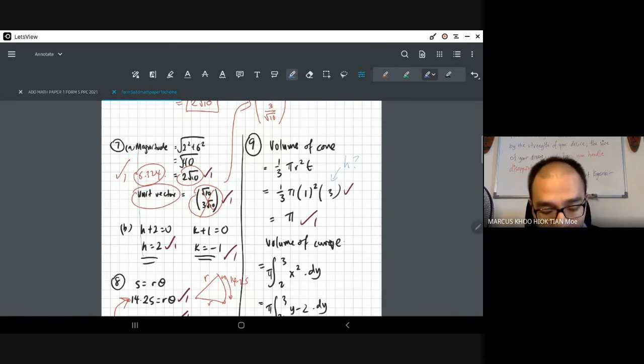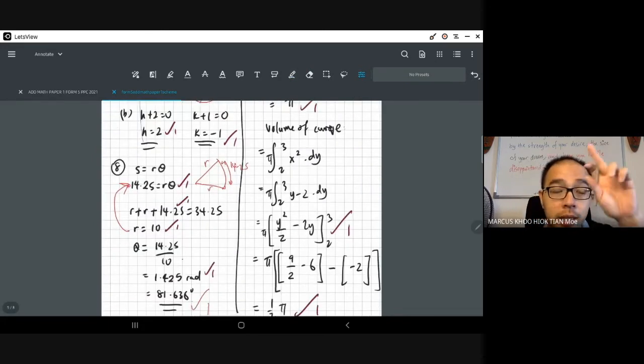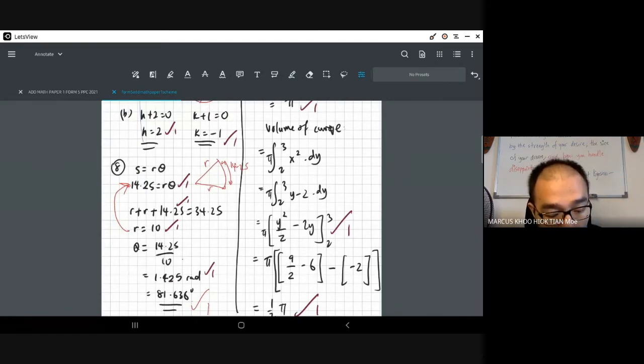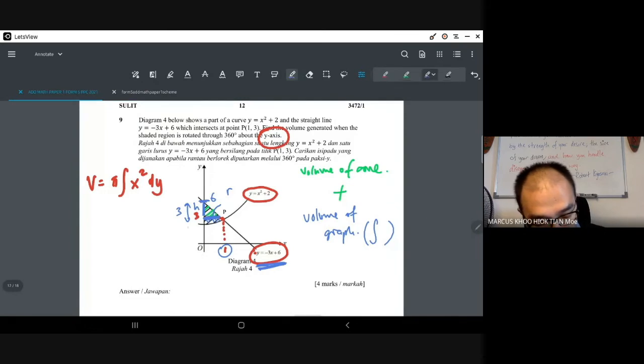And then the volume of the curve would be, oh no, sorry, hold on. The volume of the curve will be the integration from 2 to 3, which is here. How do I know that this is 2? Because of this intersect over here.